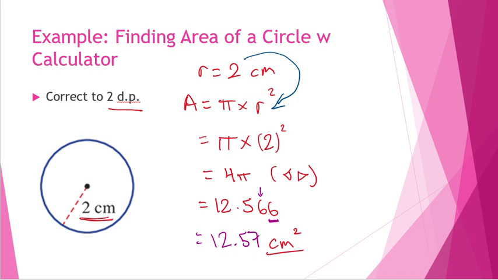Because the radius is all I need to find the area of a full circle, I can now substitute my 2 wherever r is located. So that's what I've done in my third line here. And on your calculator, you'll end up getting this answer here, 4 pi.